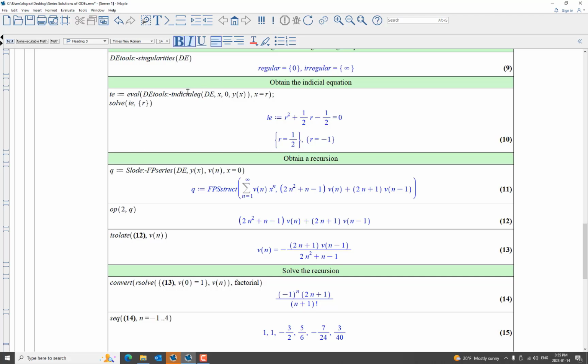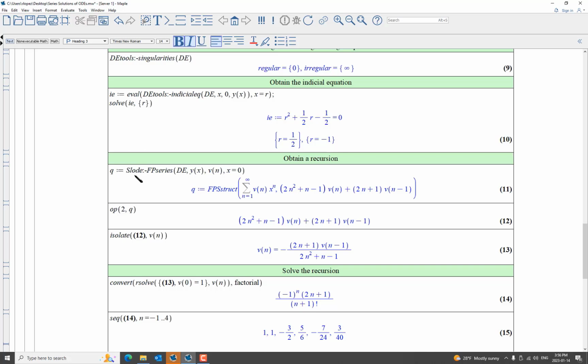There is an indicial equation command in the DE tools package. It will provide the indicial equation, and I've solved it, and we get the two roots we've seen before, 1/2 and -1.